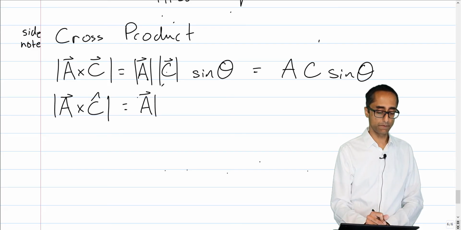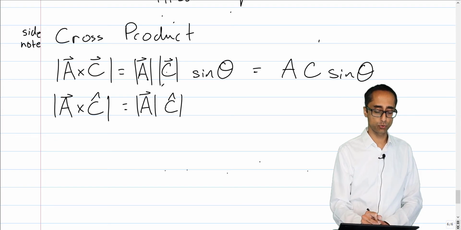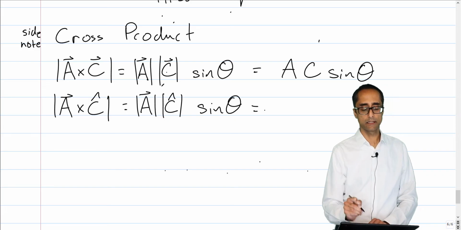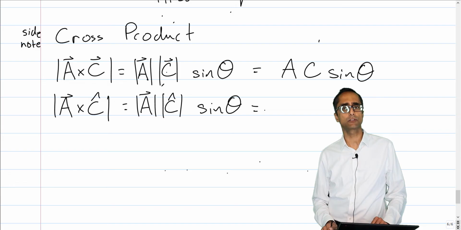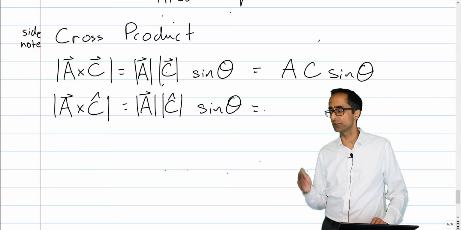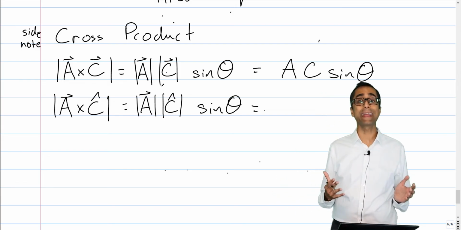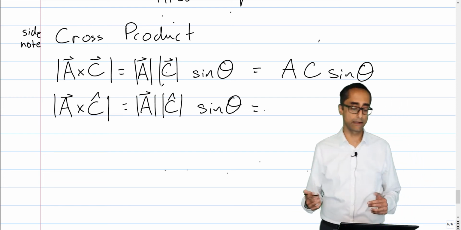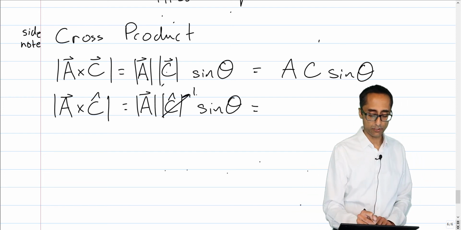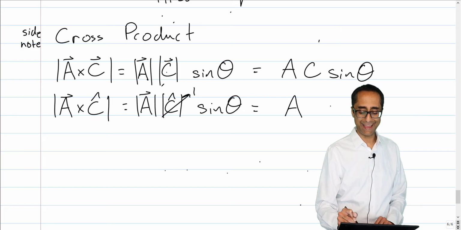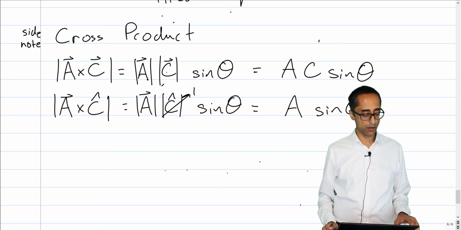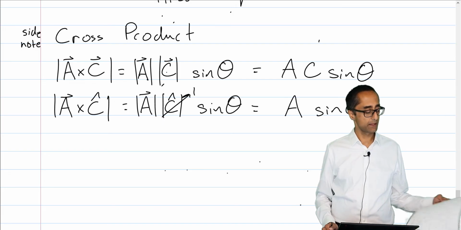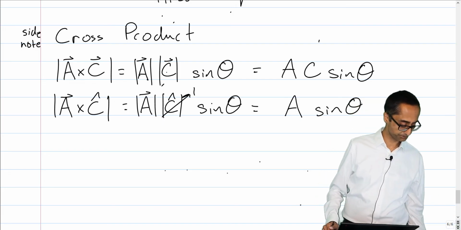We take the magnitude of the first, multiply by the magnitude of the second, times sine of the angle between them. So what's the difference here? Well, what's the magnitude of a unit vector? If you recall, a unit vector is a vector that has a direction, but whose magnitude is always just 1. And so that term goes to 1. And we're left with a sine of theta. All right. So there we go. That'll help us deal with the equation.